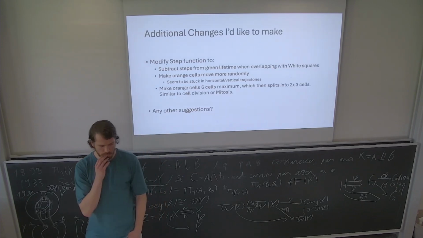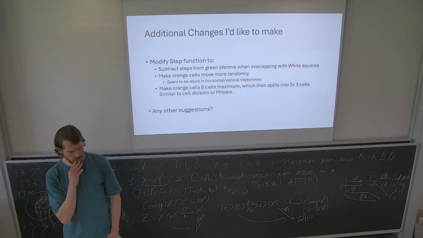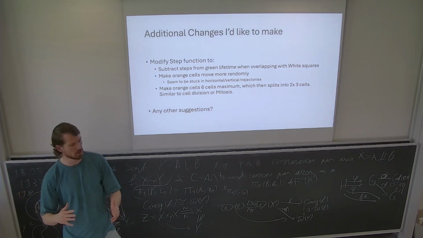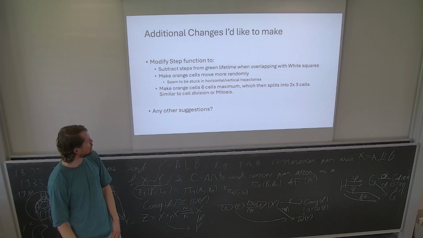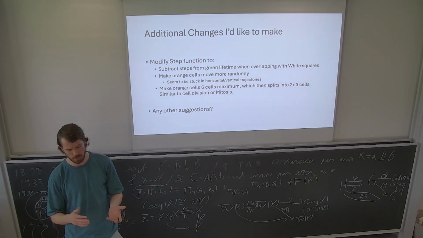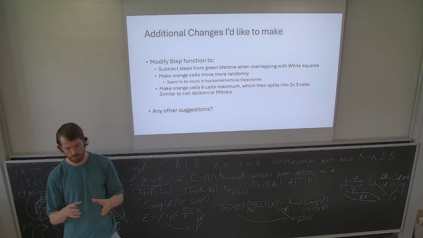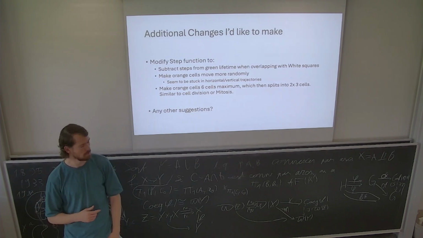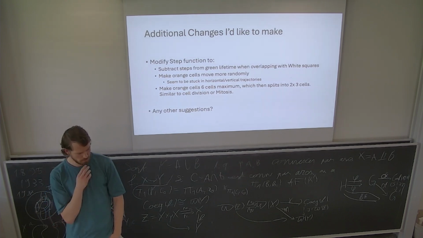I'd like to do a few more changes. The initial goal was to get these orange cells made, which it does, but then to also have a maximum of 6 cells that then becomes 3 cells, and move in all orientations, not just vertically or horizontally.